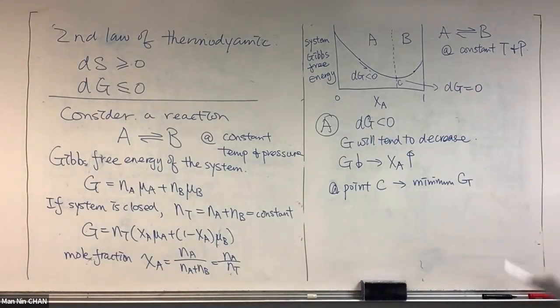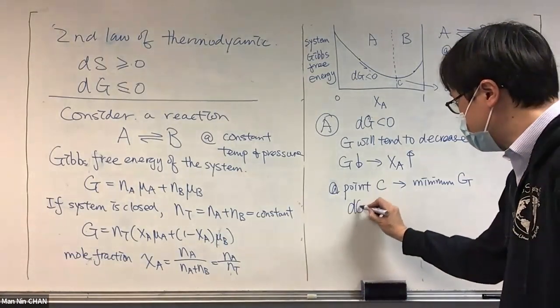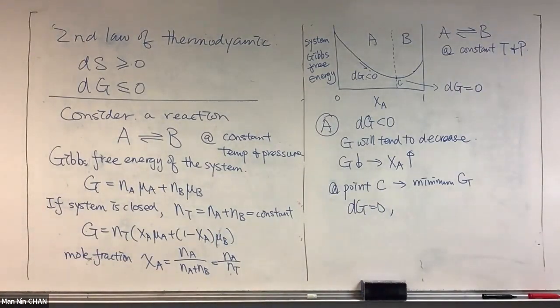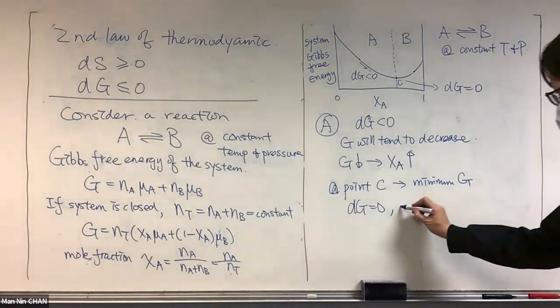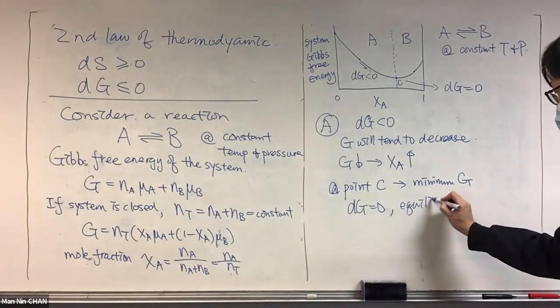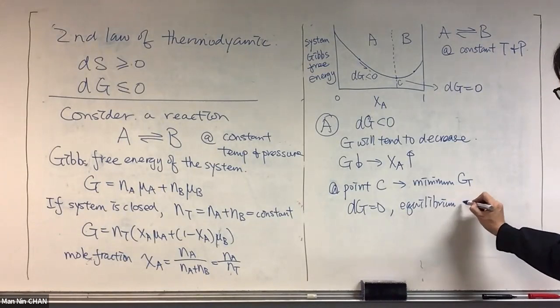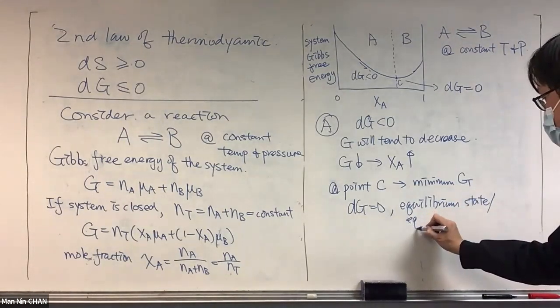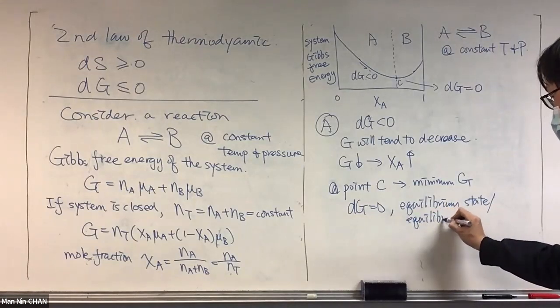You can argue that your dG will be equal to 0, and we can reach the equilibrium state. We call this the equilibrium composition.